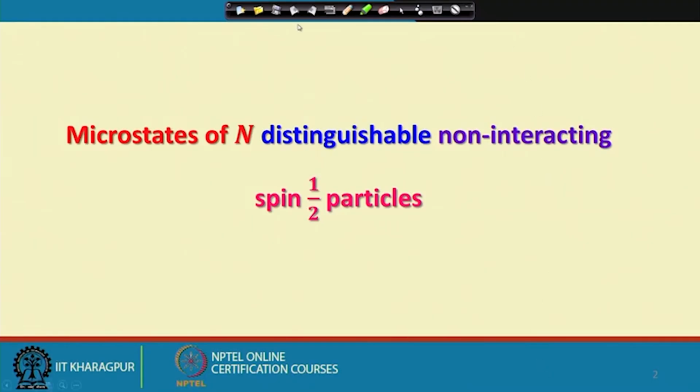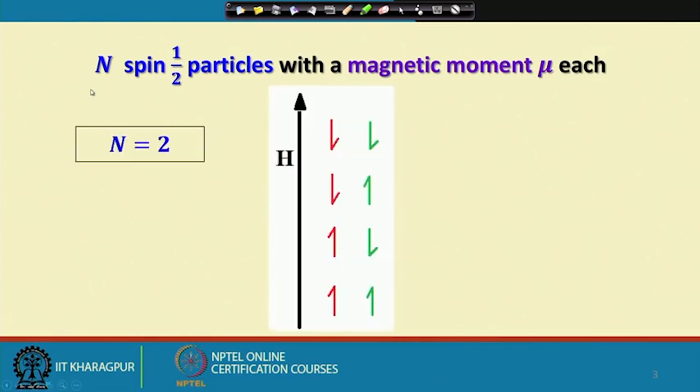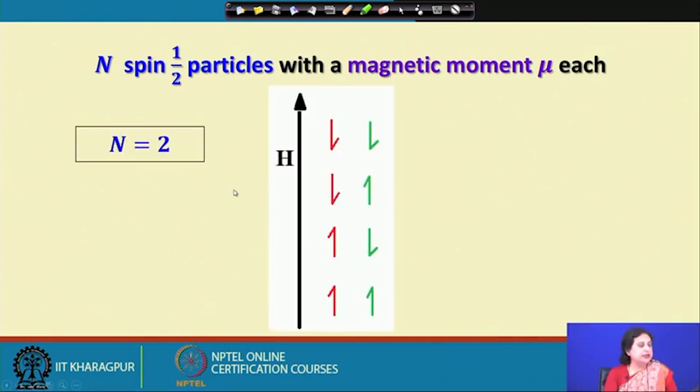We will talk first about the spin-half particles, for which we have seen how to define the microscopic states when a single particle is present. So, in today's lecture, we will start by taking simple examples where we assign specific values of N. So, this is the case where N is equal to 2, and as you can see, I have a box in which I put two spins.